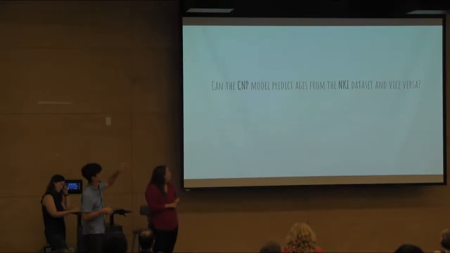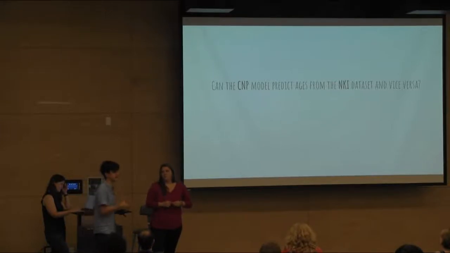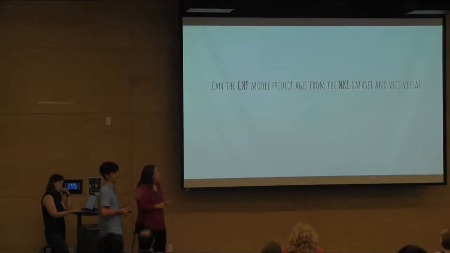Now the question is, if you train a model and say, I can predict your age from your brain data, I can compare your brain to the normal population and say how old your brain is regardless of your chronological age, how well would that generalize to another data set? Can the CMP model predict ages from the NKI data set and vice versa?